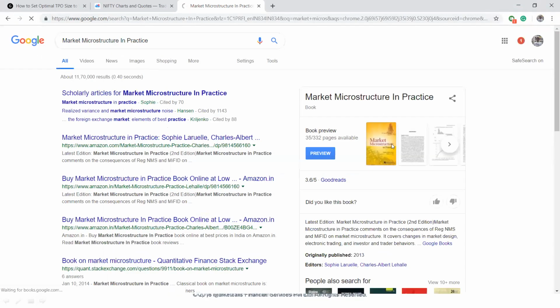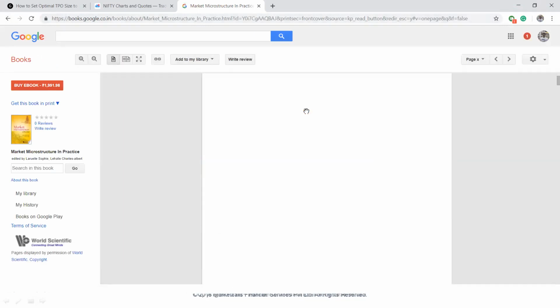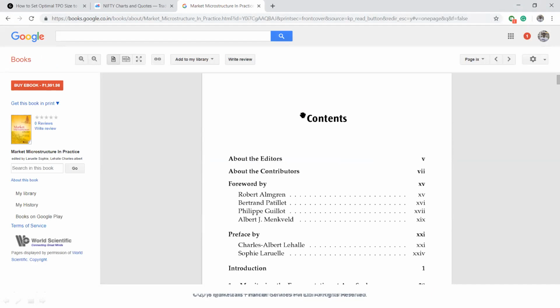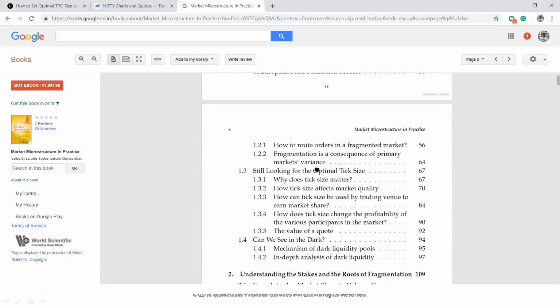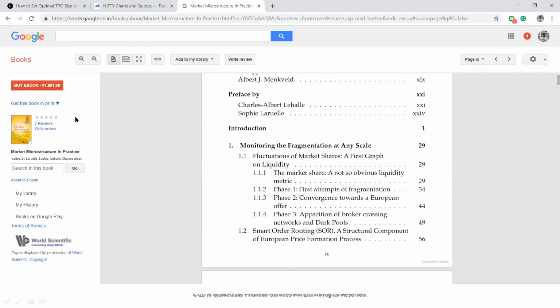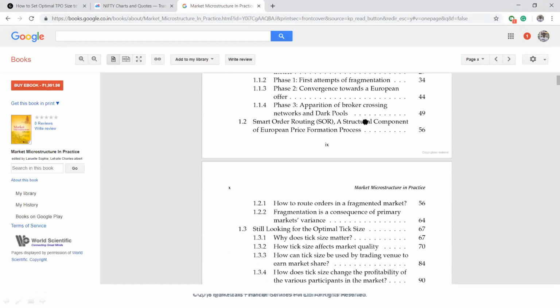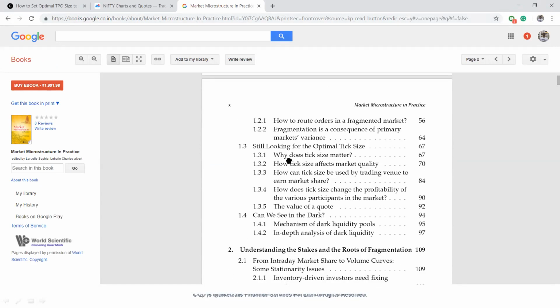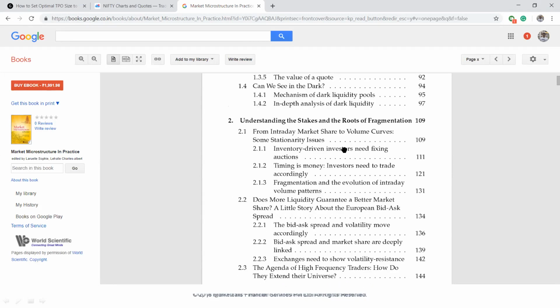This one is a pretty interesting book. It gives you an understanding of the market at micro levels. What is smart order routing, how does tick size matter, how tick size affects market quality, inventory driven investors and fixing auctions.